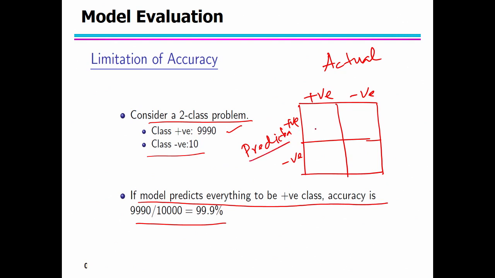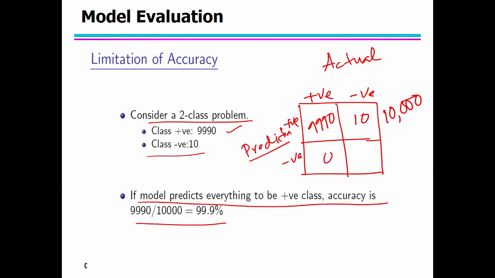So if you add these entries, you will get the total number of objects. How many total number of objects? 10,000. Out of 10,000 how many actually positive? Actual positive is 9990 and obviously 10 will be here.